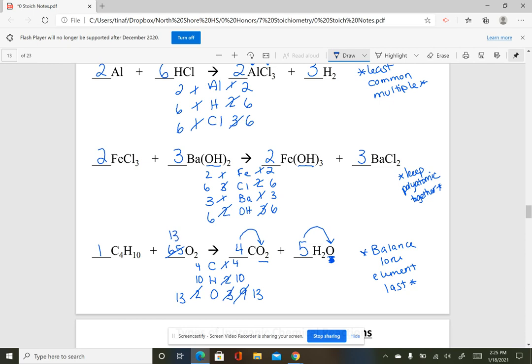But if I just double one thing in the reaction, then it's not balanced anymore. So I have to double everything else. So this would actually be balanced with a 2, 13, 8, and 10. And you would look and see you can't divide them by any number that would make them all smaller. All right, so those are your balancing.